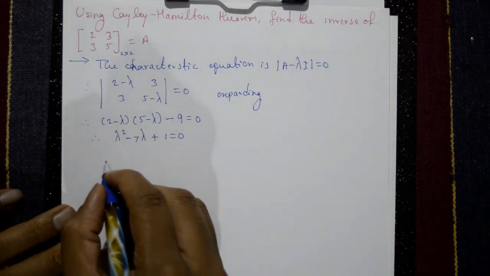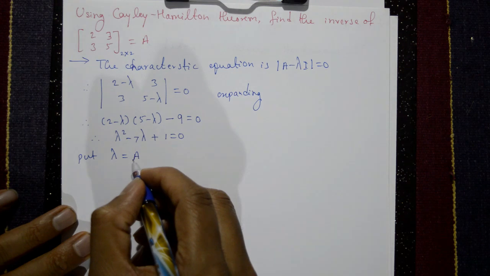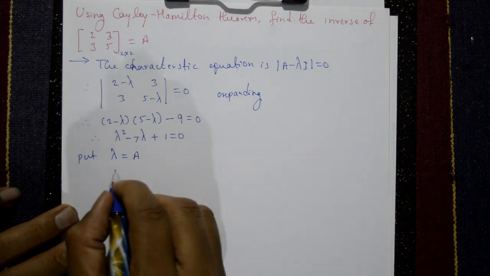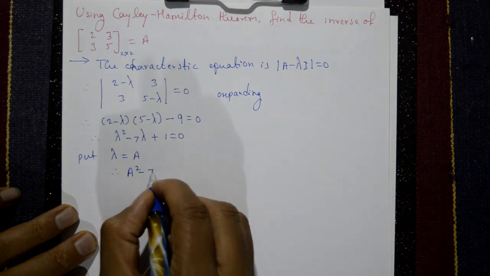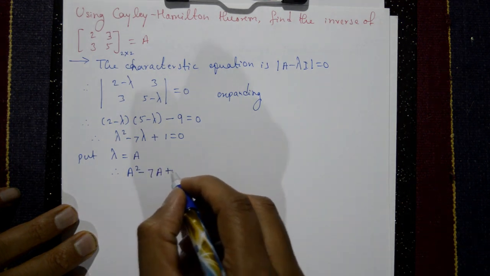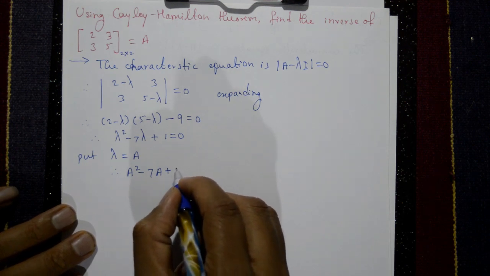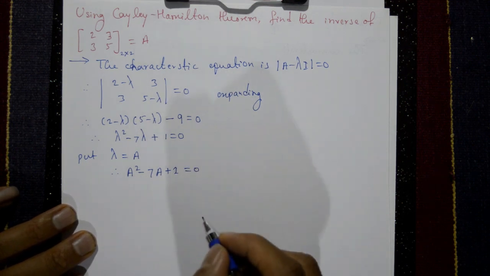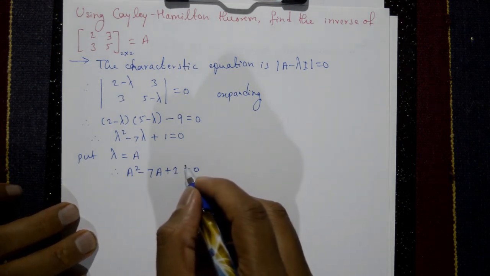Okay, by Cayley-Hamilton theorem, put lambda equal to A. So we get A square minus 7A plus 1, meaning I, equal to 0. Now we require the inverse of the matrix.